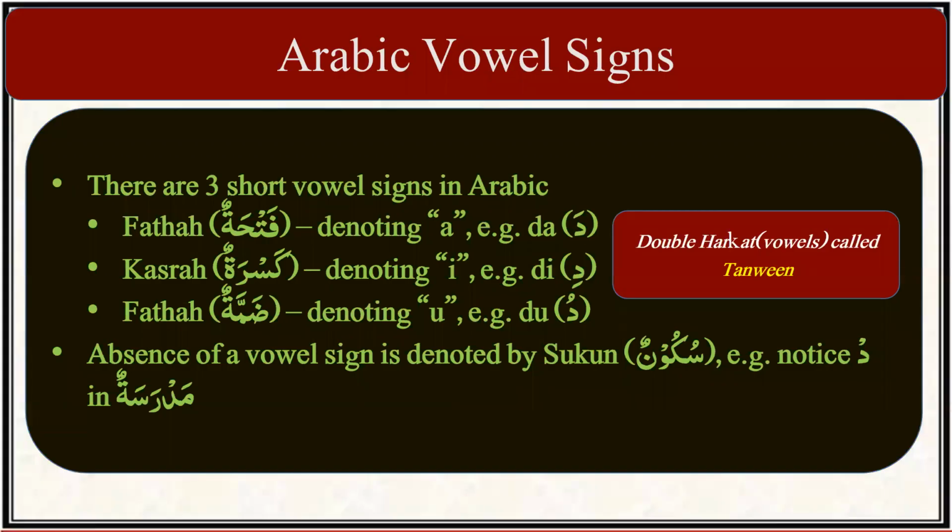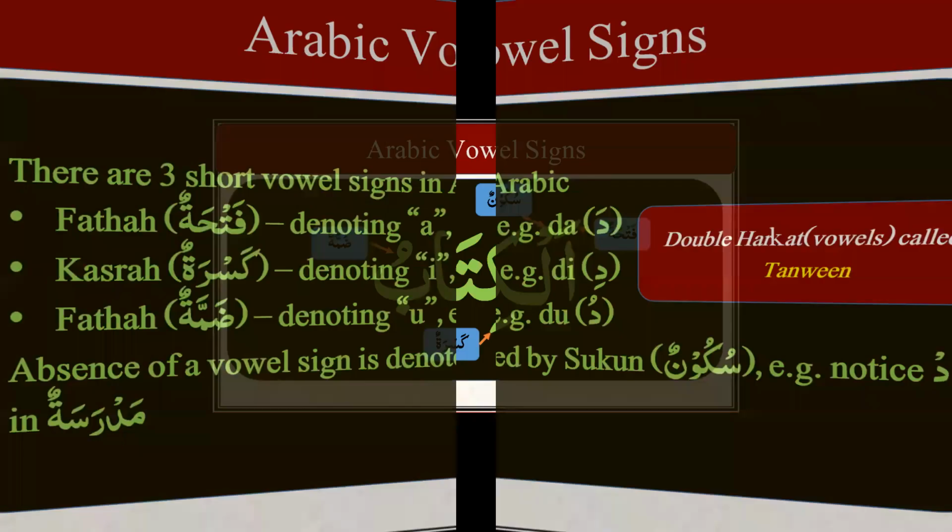Now, in addition to Arabic alphabets, there are vowels, which we call harkat. Once we start learning the recitation of Quran, we learn these harkat: zabar, zer, pesh. We call it fatha, zabar; kasra, zer; and damma, pesh. And if a word does not have any harkat on it, it is called sukoon.